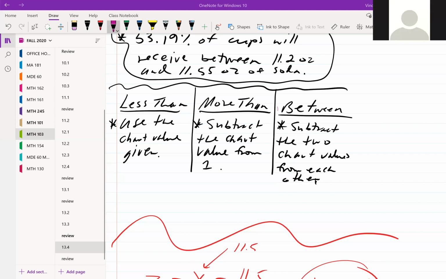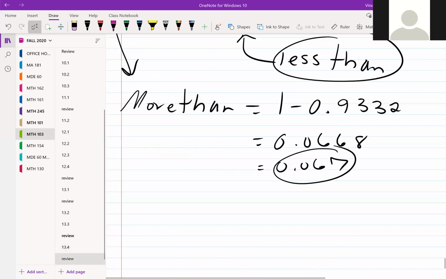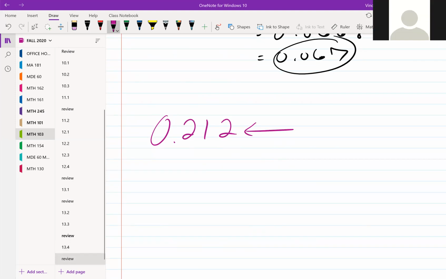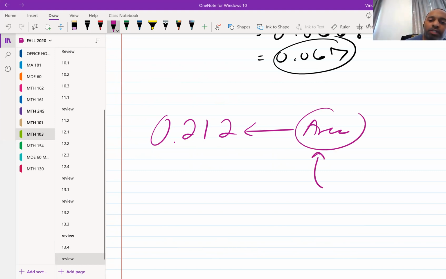So where are my notes? Where's my calculator? So I have 0.212. When they say the area, that's the same thing as the chart value.